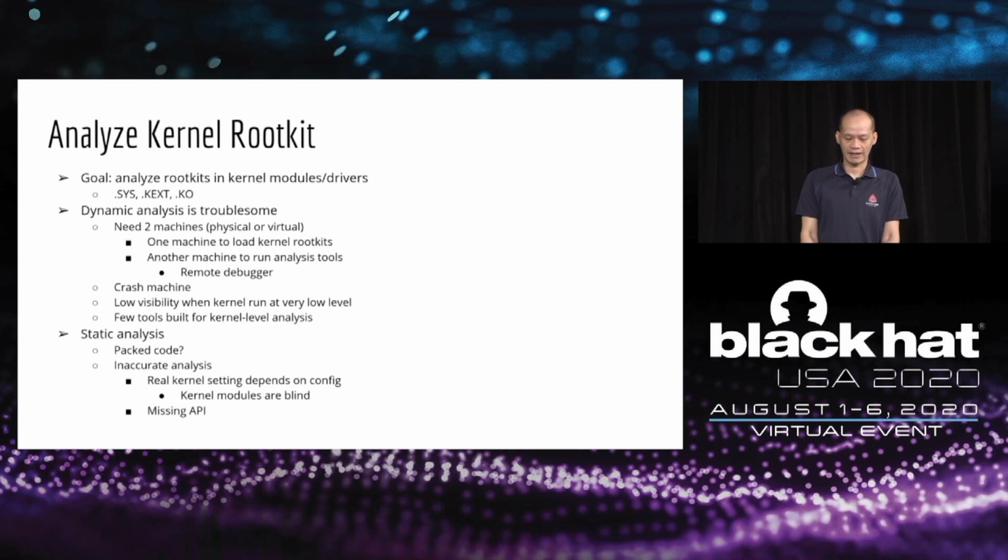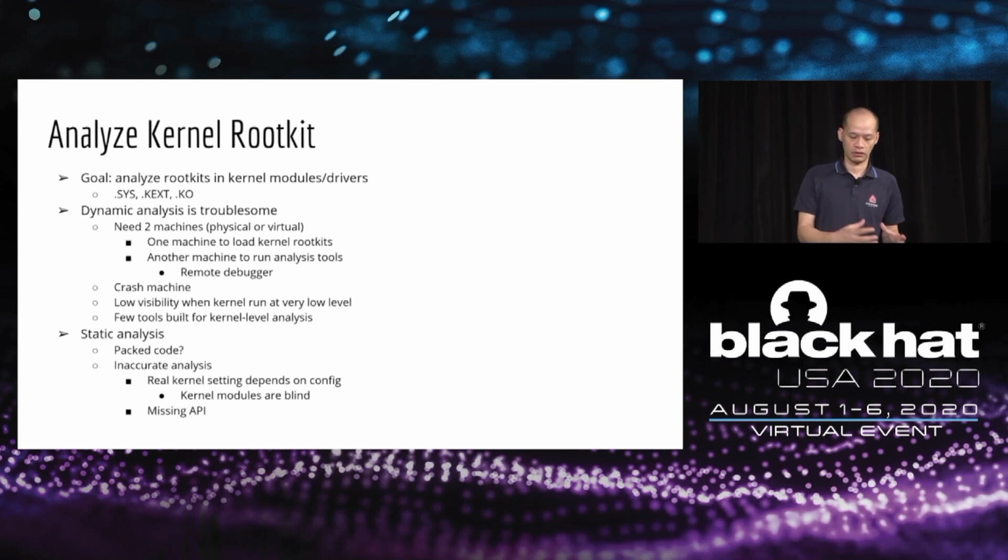So there are 2 ways to analyze kernel rootkits coming in the form of kernel drivers. First way is that we can use dynamic analysis techniques. But this way is pretty troublesome nowadays. To analyze a kernel rootkit using dynamic analysis techniques, we need 2 machines, which can be physical machines or virtual machines.